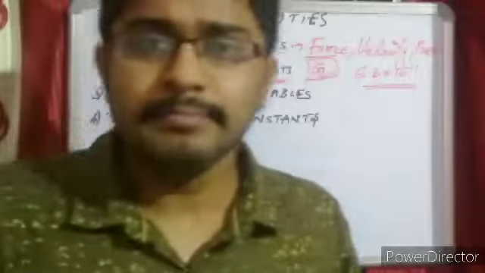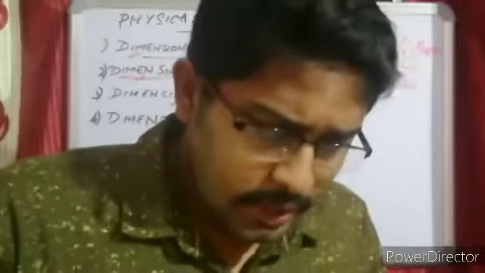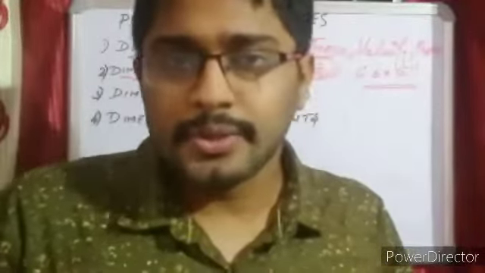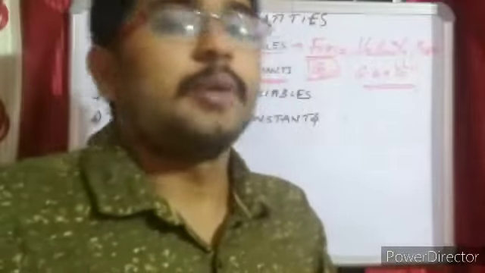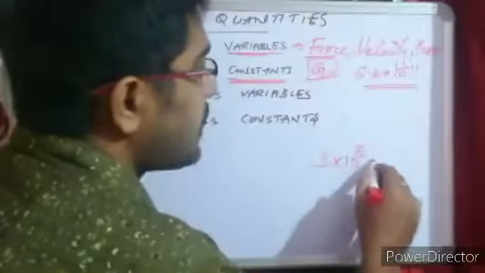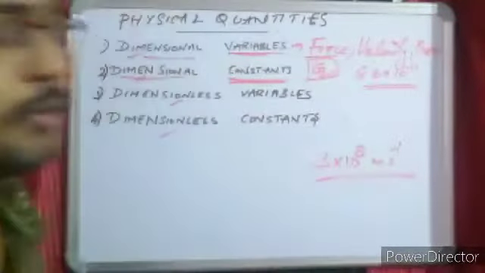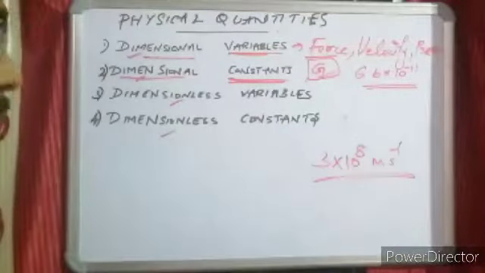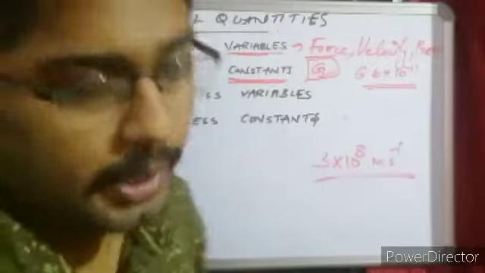Any other constants which you have studied? If I am talking about constants, the very first thing that should come to your mind is 3 into 10 to the power 8 meter second raised to minus 1. Do you know what this is? Of course, it is the velocity of light in vacuum.